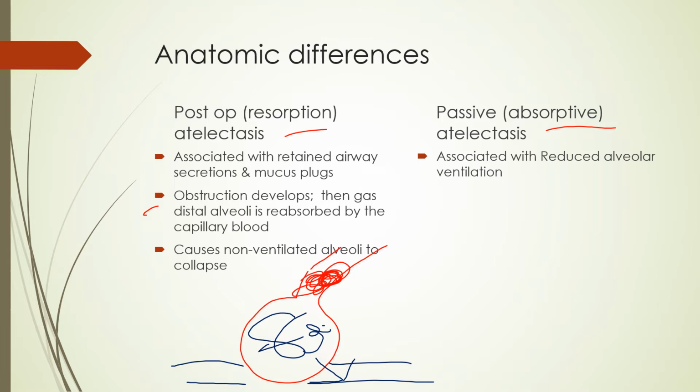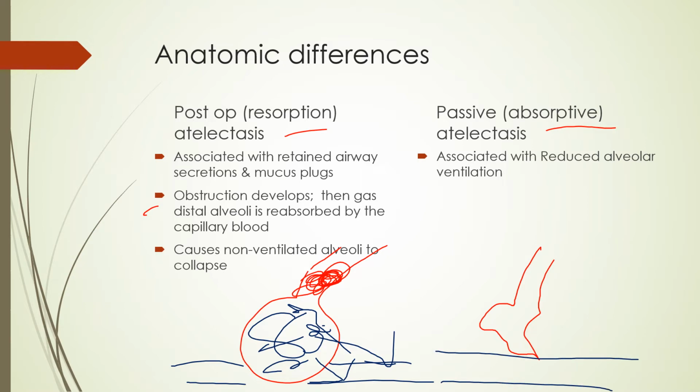So a lot of the time here, the oxygen gets reabsorbed into the bloodstream, which means now there's less gas in the alveoli than there was before. So if there's less gas in the alveoli than there was before, then our subsequent result is going to be collapse of the alveoli, right?